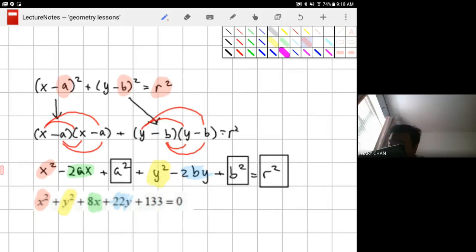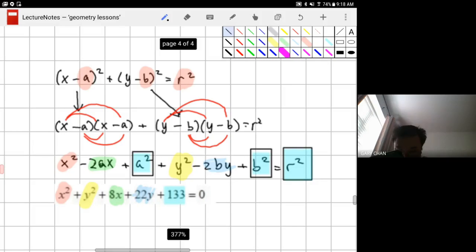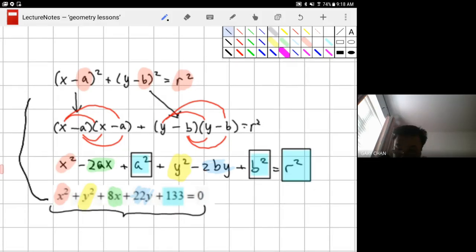So because of this, the a squared here, the r squared here, and the b squared here can all combine to make the 133. So why am I telling you this? What we're going to have to do is work backwards to turn this equation to make it look like that equation.